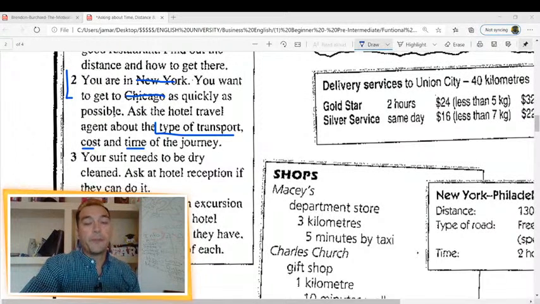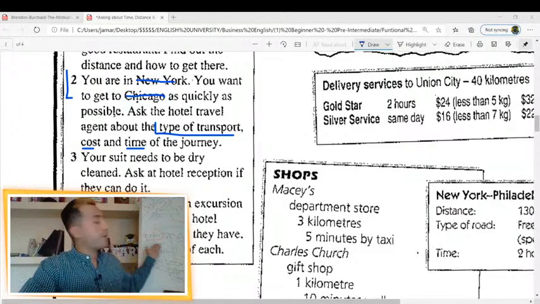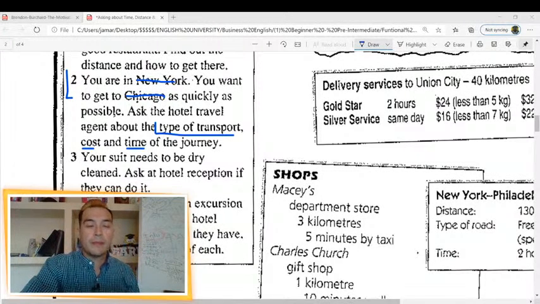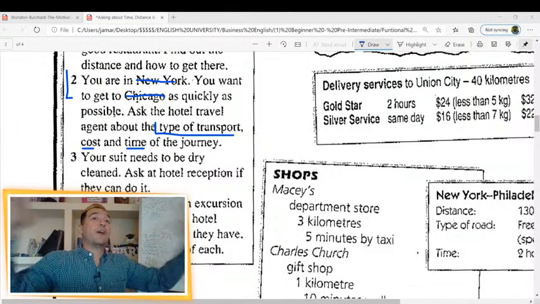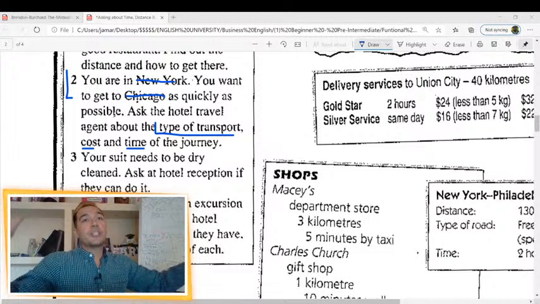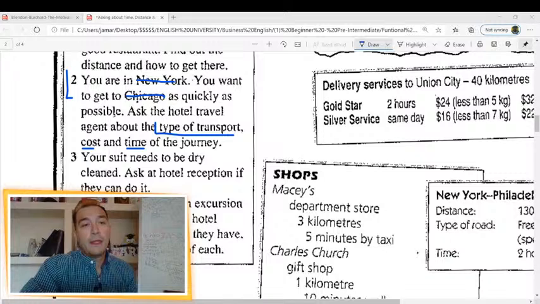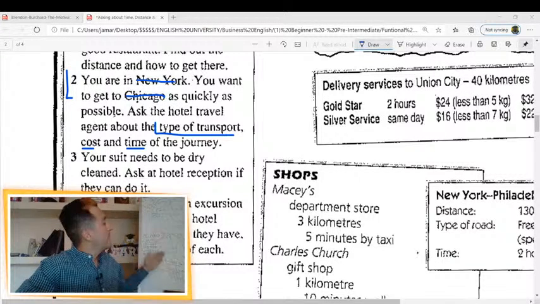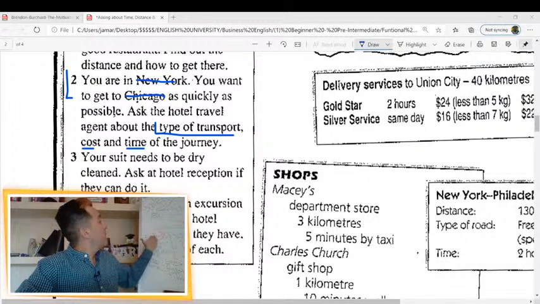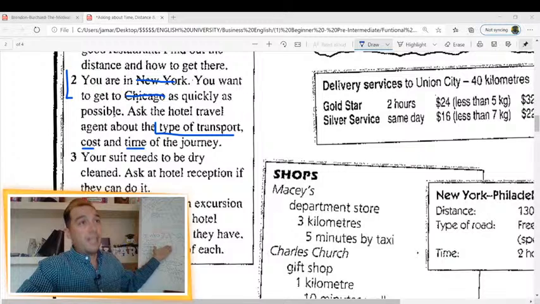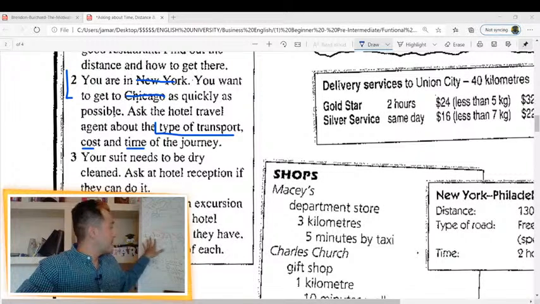Good. Transport. Okay, we have the first part. Repeat. What type of transport? Good. WH. That's the first part of the formula. And this question is big. ¿Qué queremos saber? What info? What type of transport, right? That's the first part.